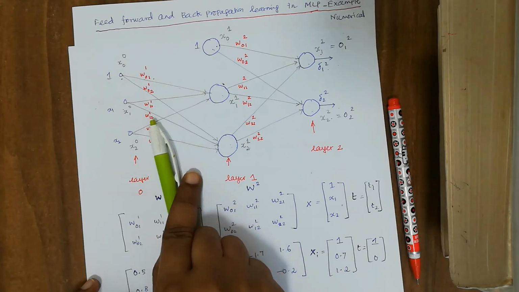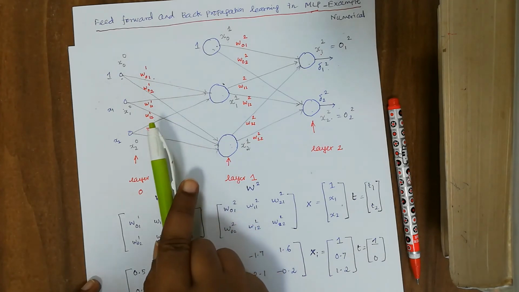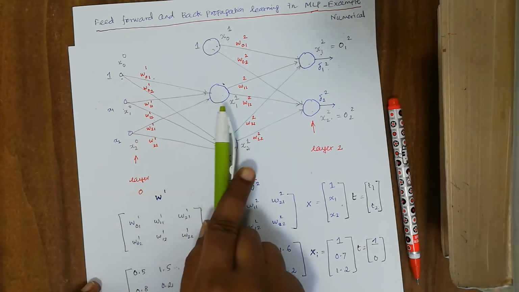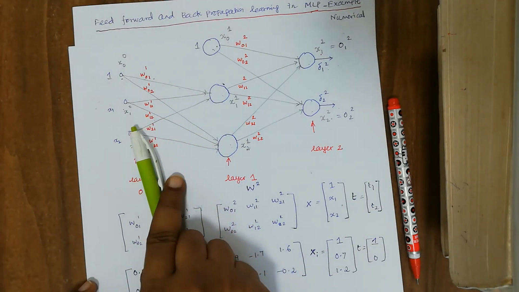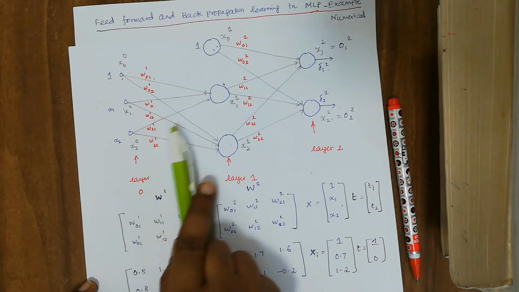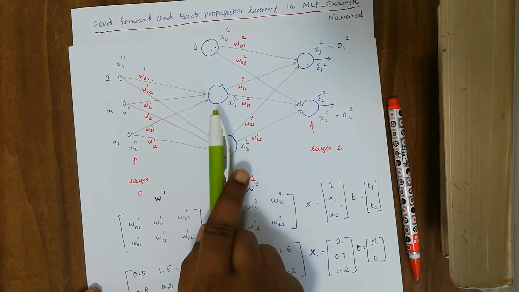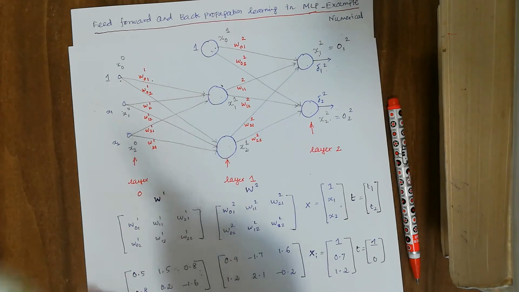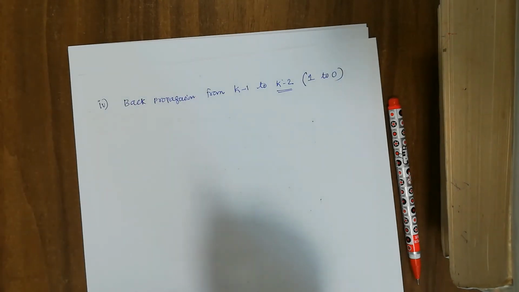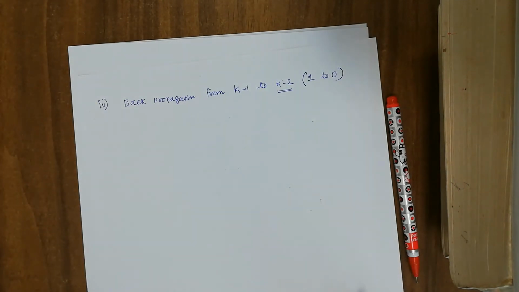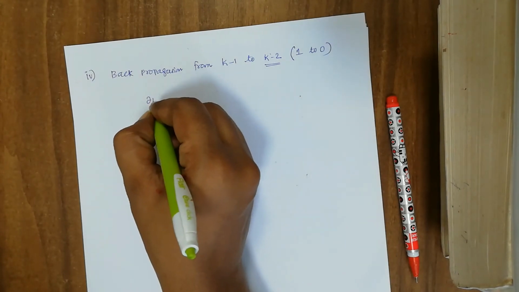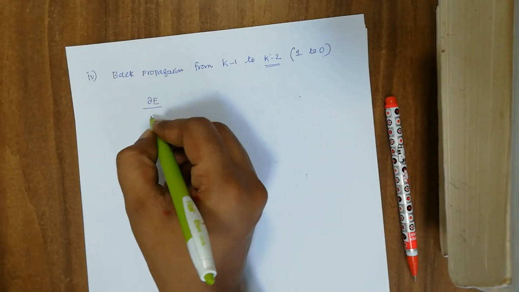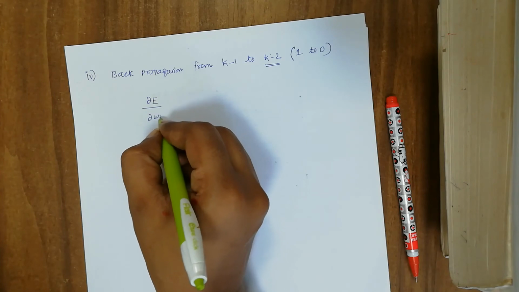Okay, if let's say there is one more hidden layer, then it is a generalization, so k minus 2 to any k. It depends on how many hidden layers there are. And for this, we have a separate derivation. That derivation is also the same, ∂E/∂Wij.